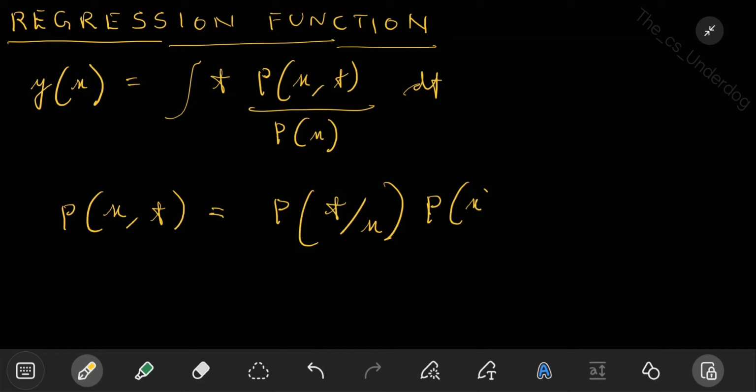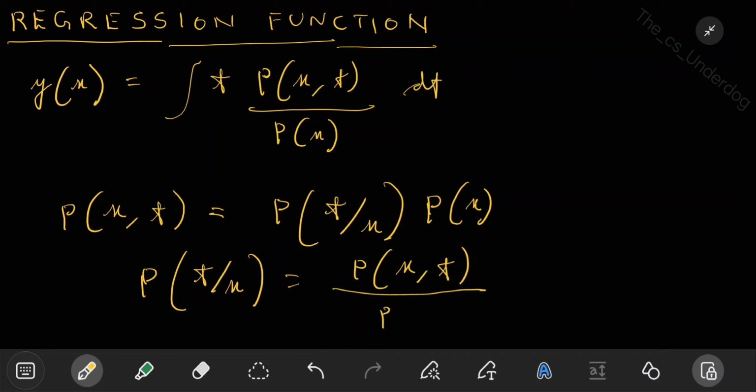If I take p of t given x to the LHS and p of x to the other side, p of t given x will become p of x t divided by p of x.